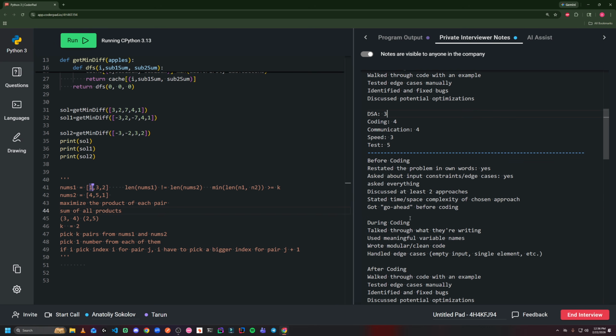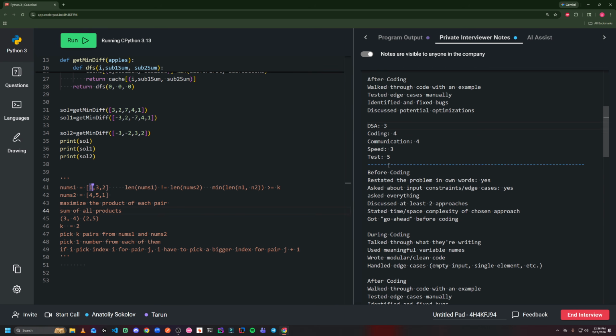Because if k equals 3, there would also be nums3, or just only two arrays? Is the number of arrays related to k? No, you will only have 2 arrays. k can't be bigger than the min length of the arrays, so you'll always have enough pairs to get k. But you only have 2 arrays ever. It's always 2.